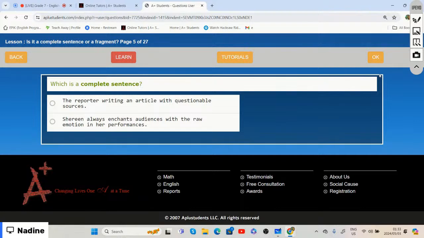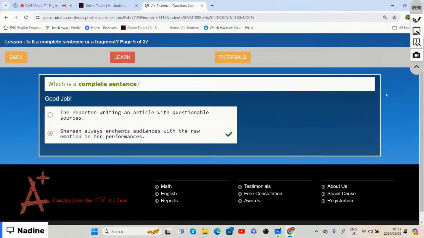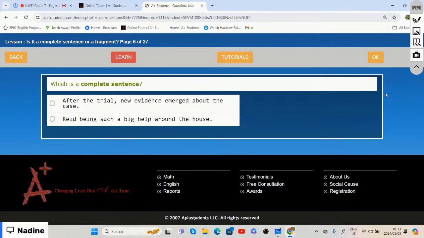So if we select a complete sentence, remember a complete sentence has a subject and it has a verb, not missing any one. Shireen always enchants audiences with her raw emotions in her performances, and that is a complete sentence.